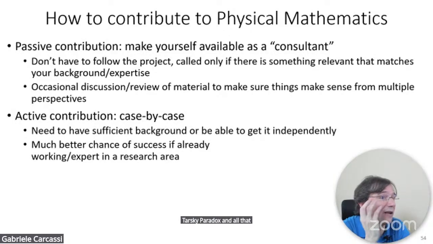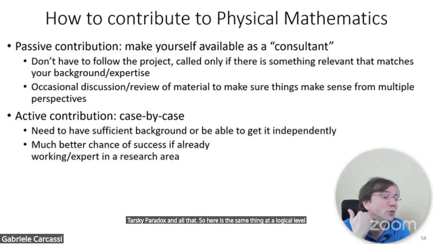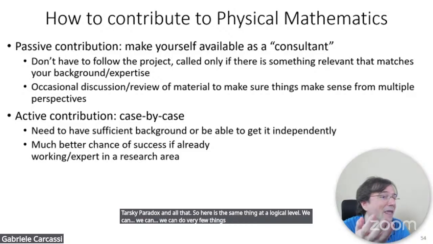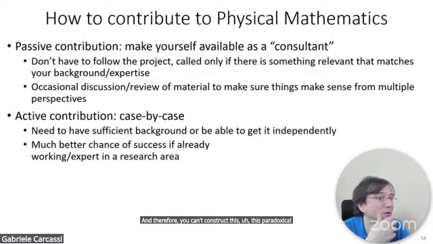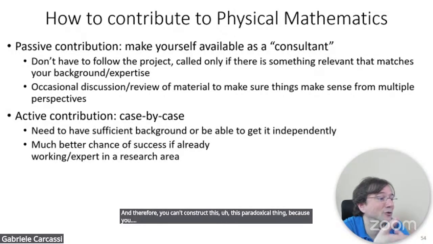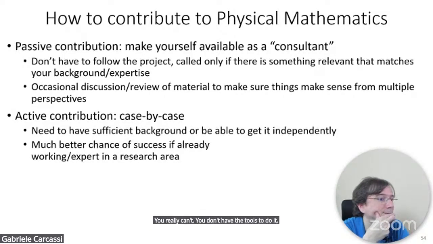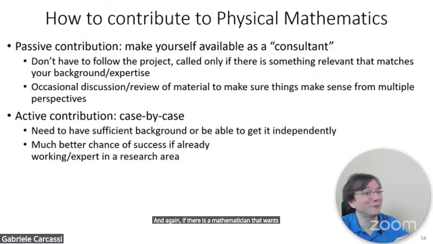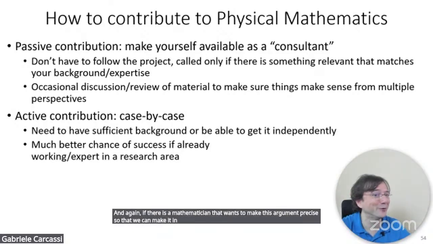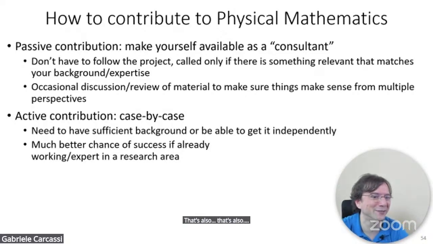So here is the same thing at a logical level. We can do very few things, and therefore you can't construct this paradoxical thing because you don't have the tools to do it. And again, if there is a mathematician who wants to make this argument precise so that we can put it in a paper, that's also part of the things that we can do.